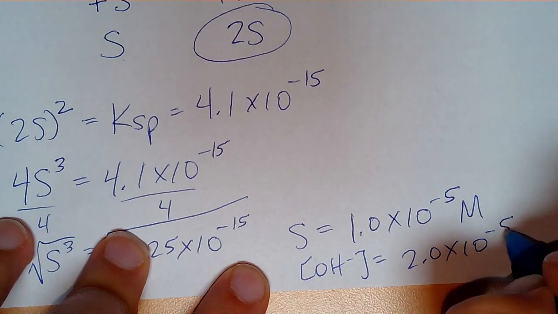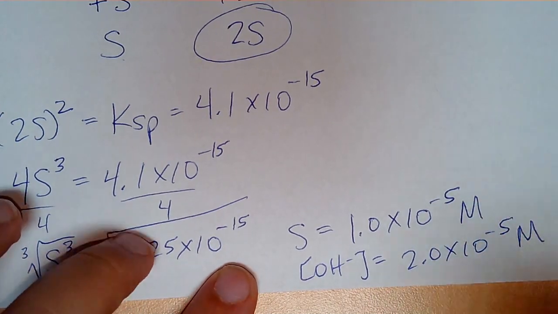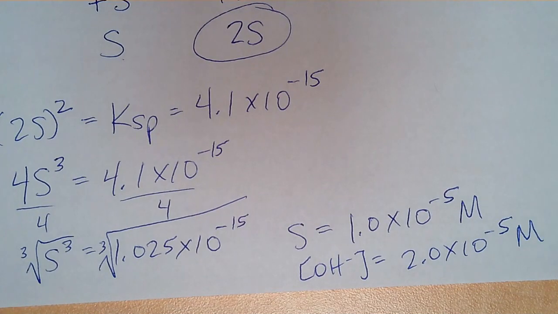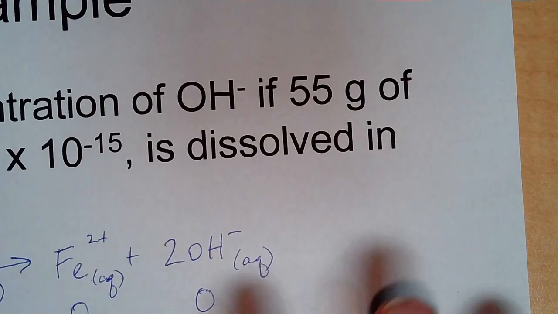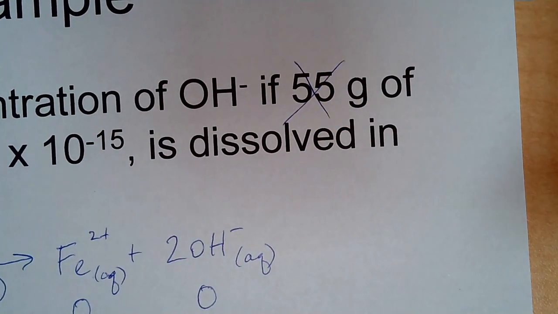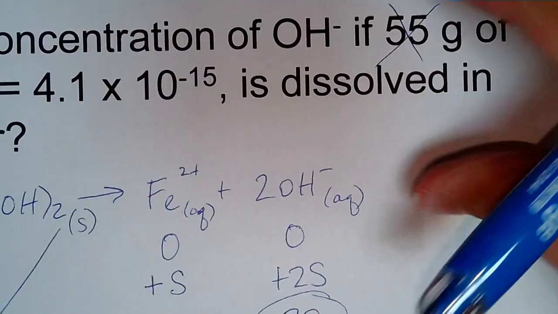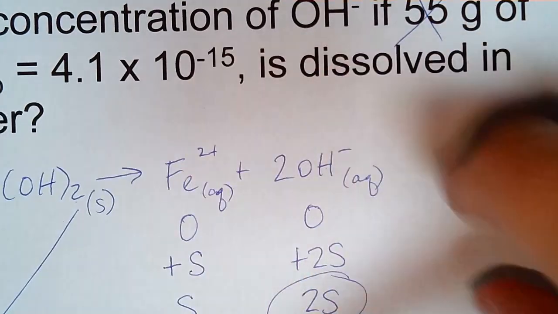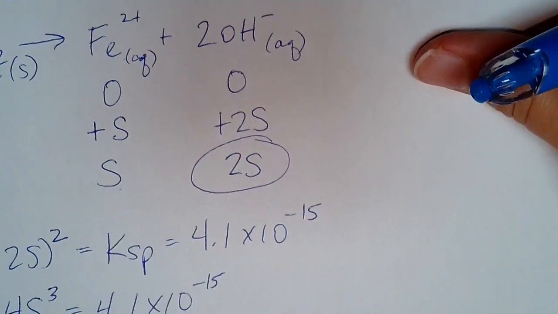For these, it does not matter how many grams we're putting in there. This number is totally irrelevant to the calculation. All we need to know is the KSP, and we can solve this. Even if I dumped 100 grams, this number is not changing because I cannot dissolve any more.